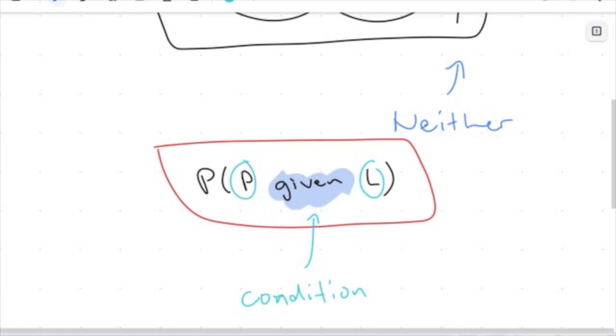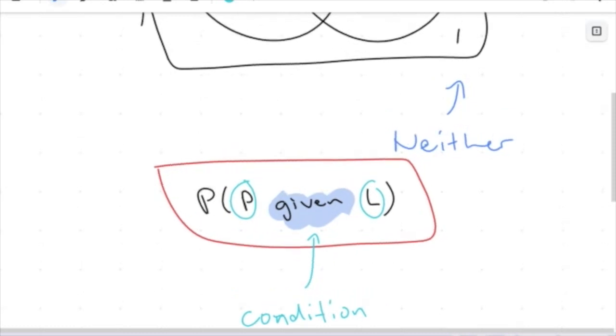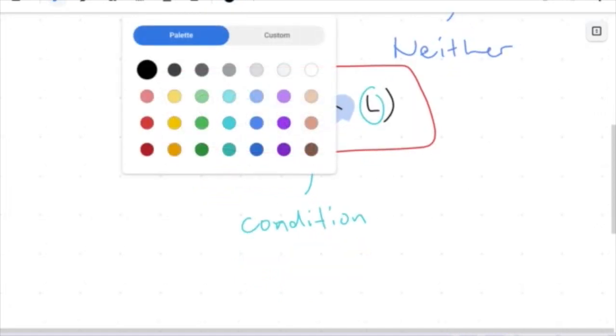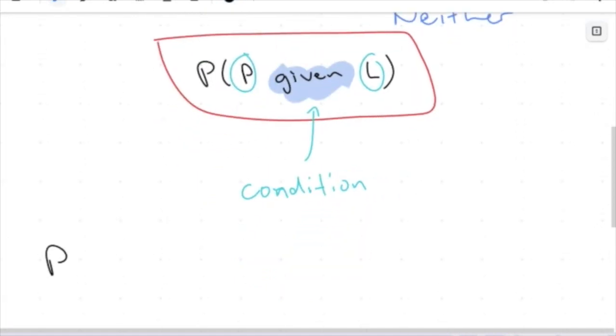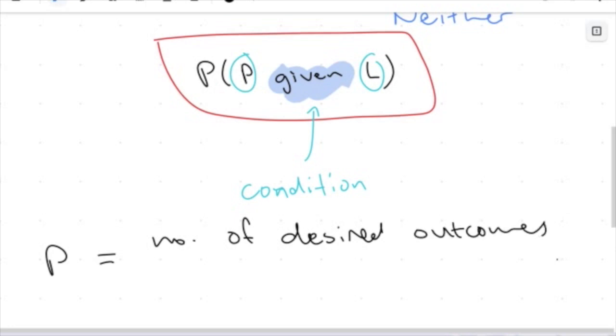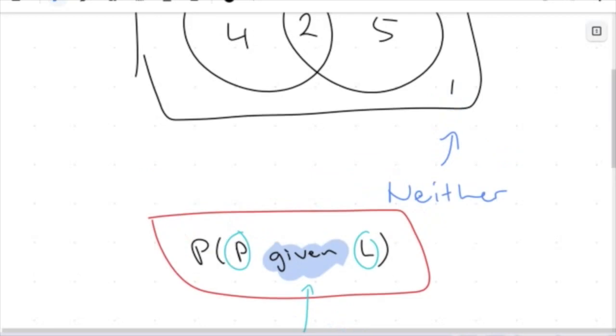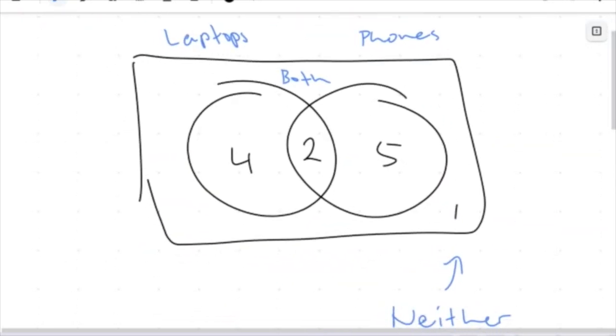Now, we need to consider what this thing actually means and how this is going to change our sample space in our probabilities. So typically, my probability is given by the number of desired outcomes as a fraction of the number of total outcomes. And previously, when we looked at this idea, we would always look at these total outcomes.